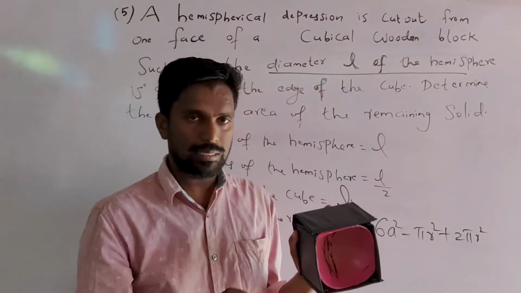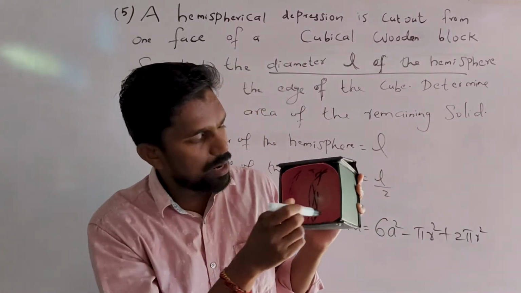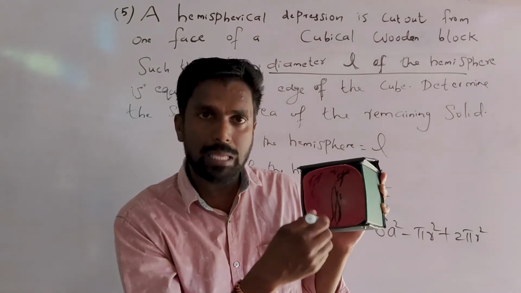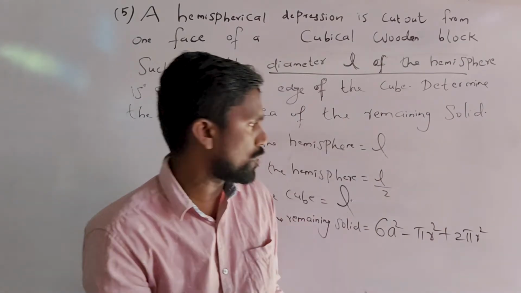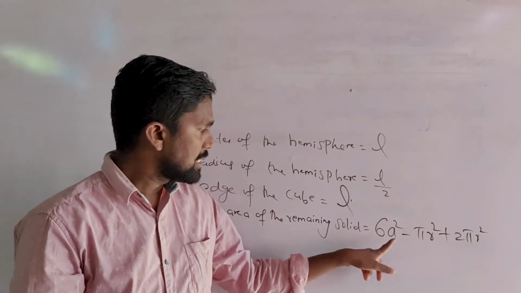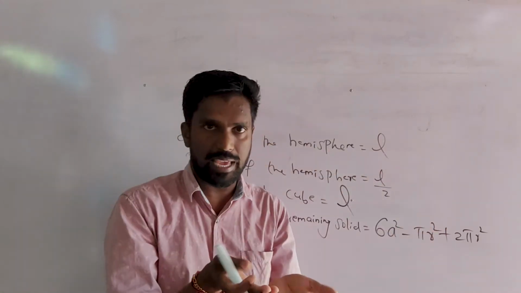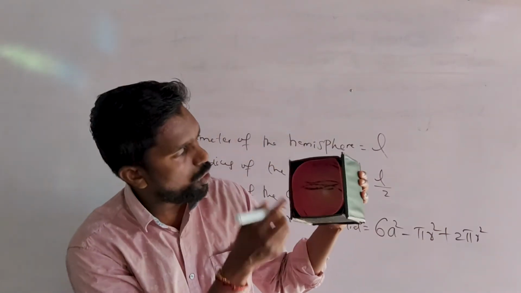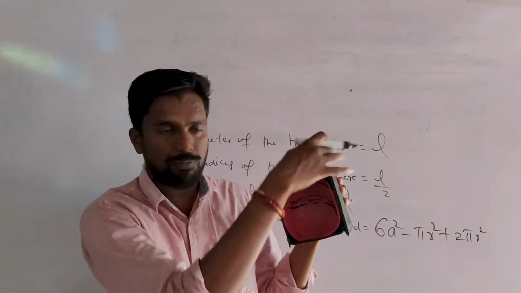Just like the previous problem, for finding this corner area, subtract the circle's area from the 6 surface area, and add the CSA of the hemisphere. So the surface area of the remaining solid is 6a square minus pi r square plus 2 pi r square.